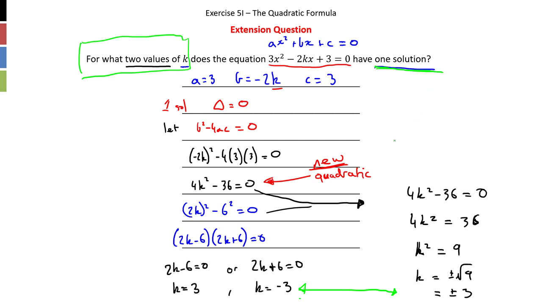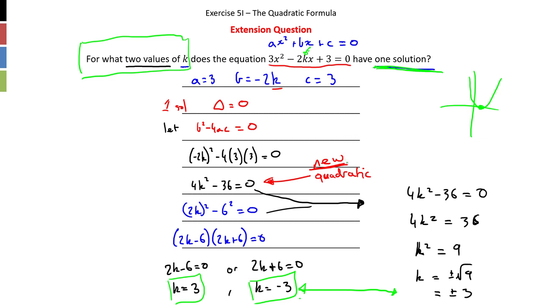Well, we just found k is equal to 3 or k is equal to negative 3. If we put that into here, that'll give us a quadratic that just has one solution. That means graphically, the quadratic is just going to touch the x-axis. Okay, that's what we found.